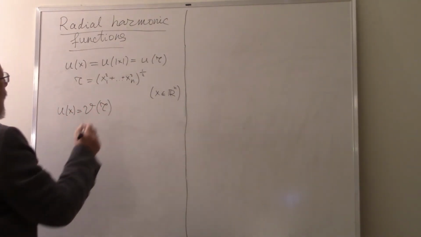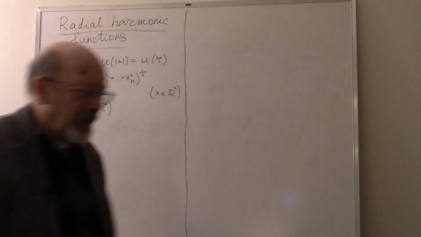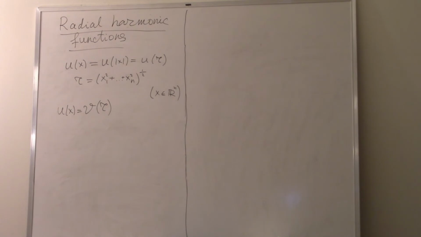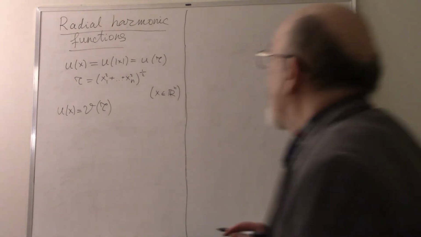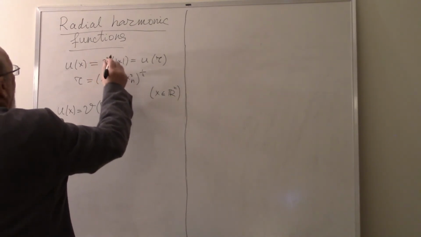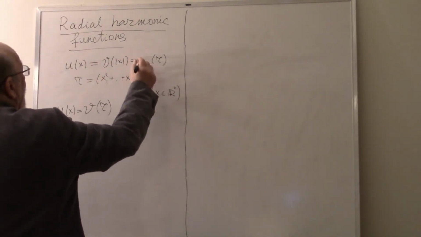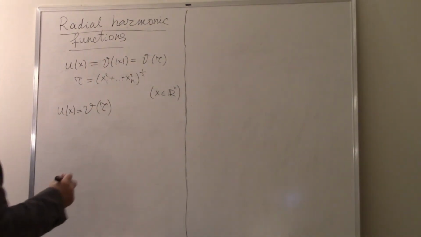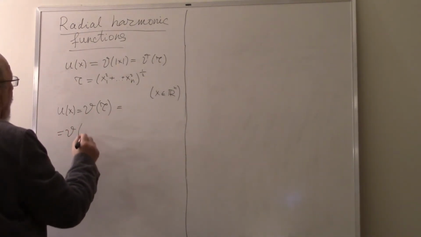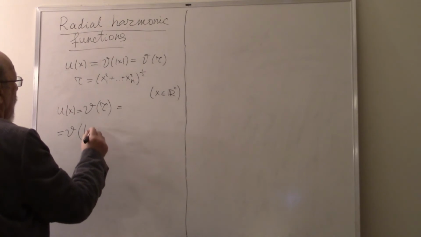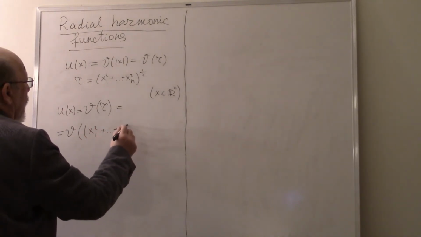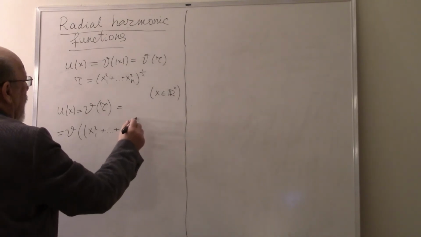Let me write it with a different letter, because u is a function of n variables and v is a function of one variable. Equals v of (x1 squared plus ... plus xn squared) to the power 1/2.